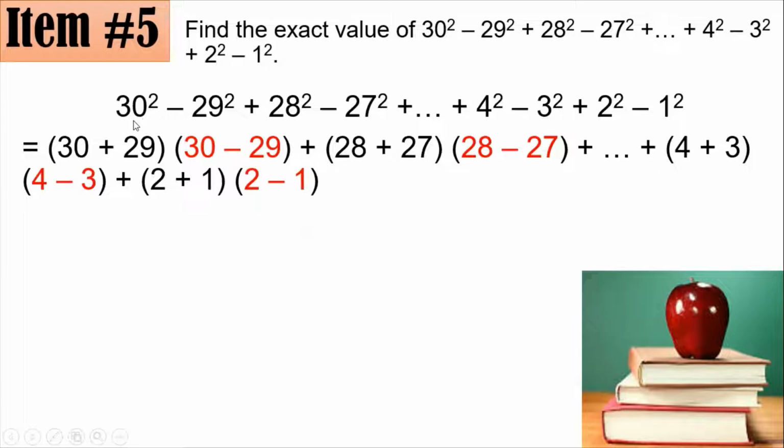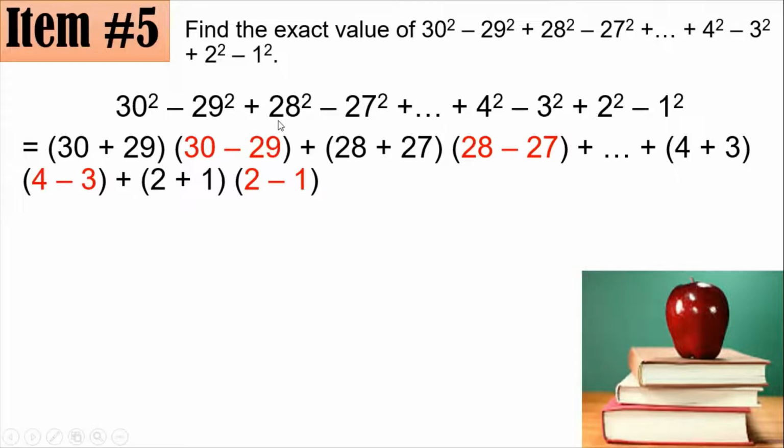Hence, if you have 30 squared minus 29 squared, with a equal to 30 and b equal to 29, this could be expressed as the sum of 30 and 29 times the difference of 30 and 29. That's why 30 squared minus 29 squared is equal to 30 plus 29 times the quantity 30 minus 29.